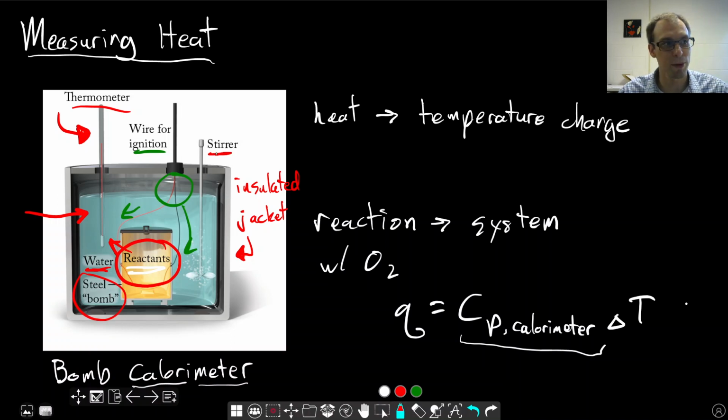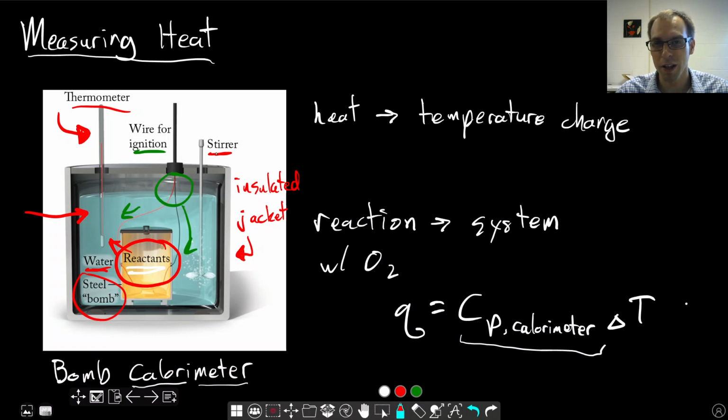This is just to keep the water well mixed so that the temperature is consistent throughout the water, and that way your measurement with the thermometer is going to be accurate, and you're not measuring a cold spot or a hot spot and getting an inaccurate temperature. So this is the basic idea conceptually of how we measure heat values, how we measure heat capacities, how we measure enthalpies related to reactions.